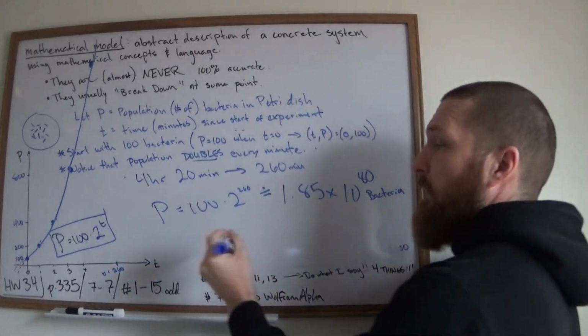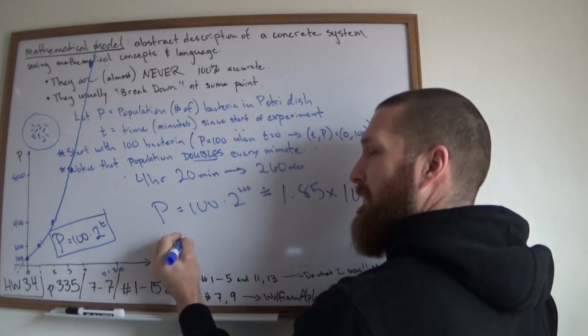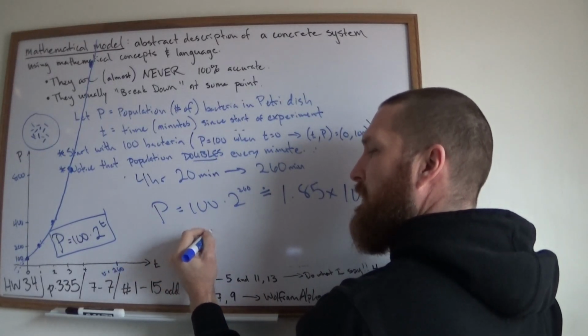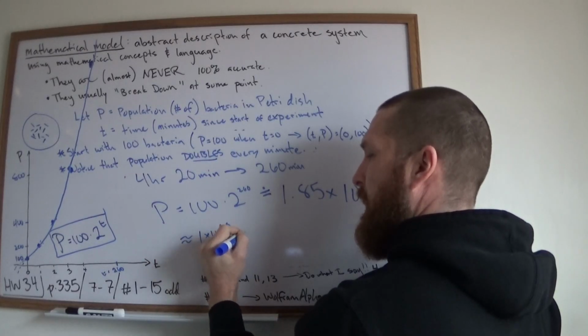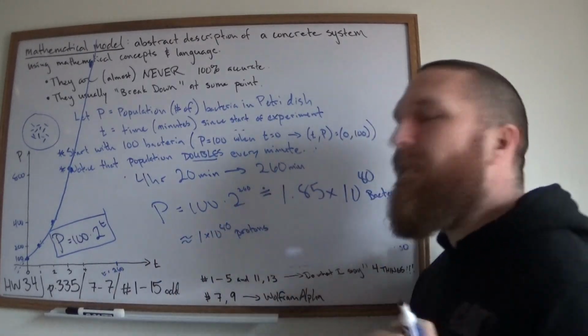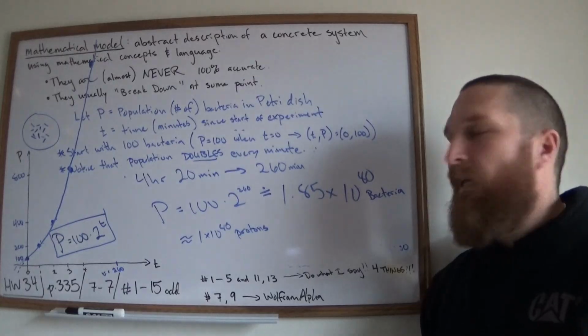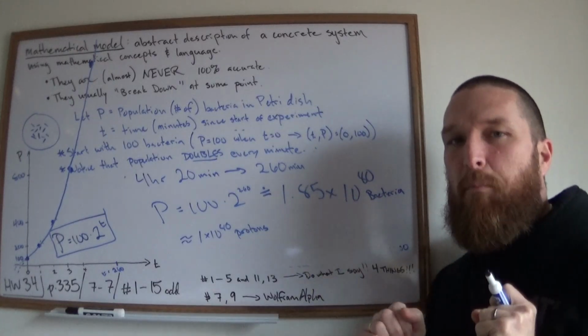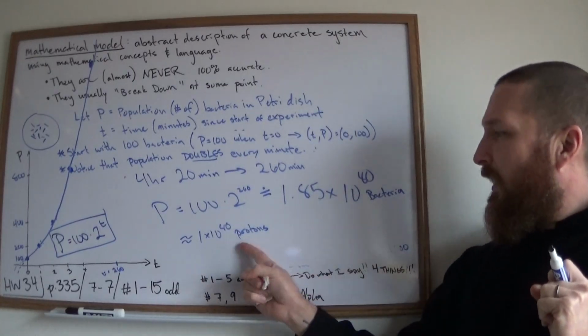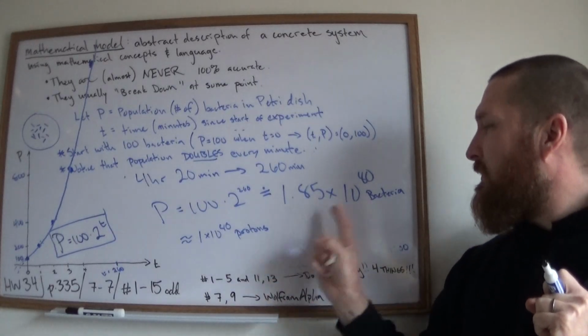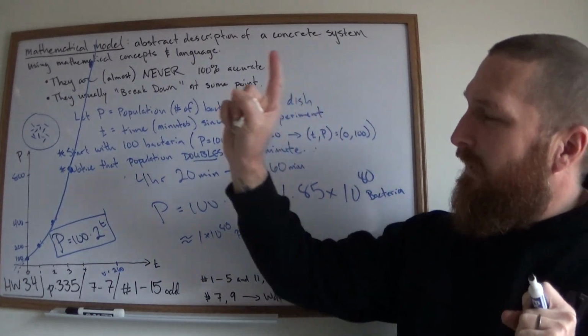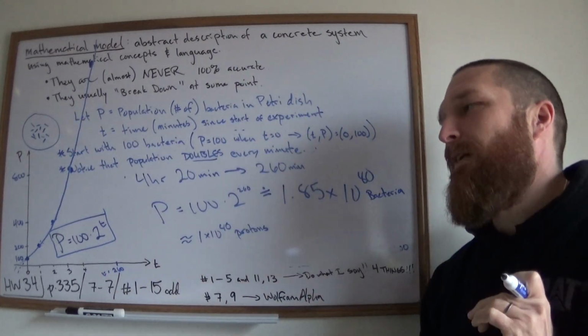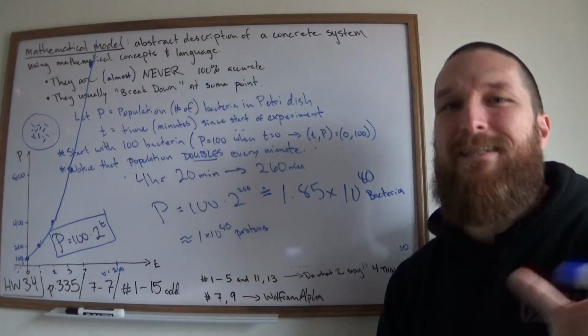Well, in the universe, there are approximately 1 times 10 to the 80 protons in the observable universe. Each one of these bacteria has millions of protons in it. So is it even possible to fit that many bacteria into a Petri dish? No, absolutely not. That's ridiculous.